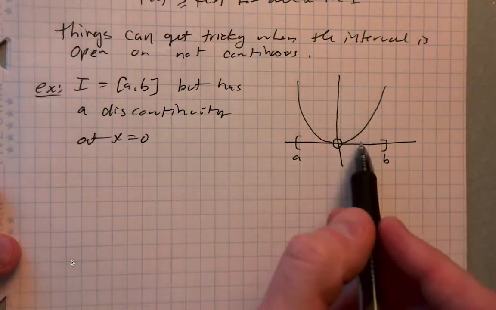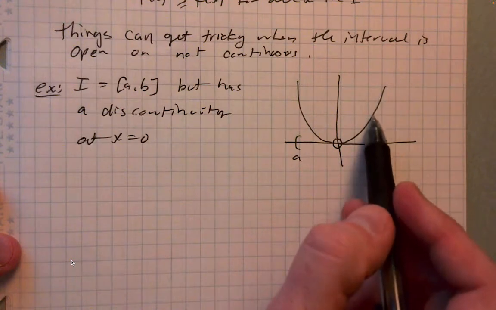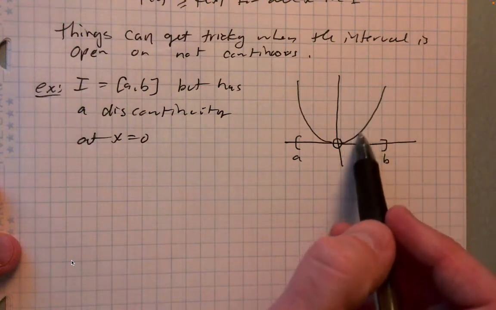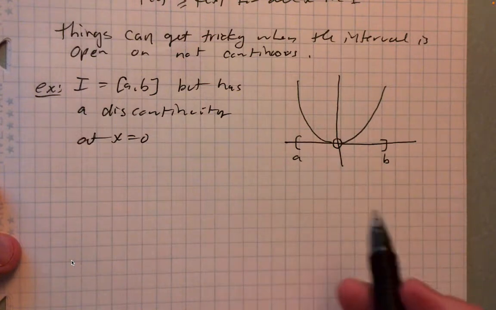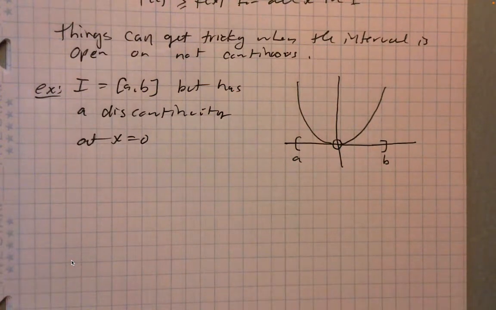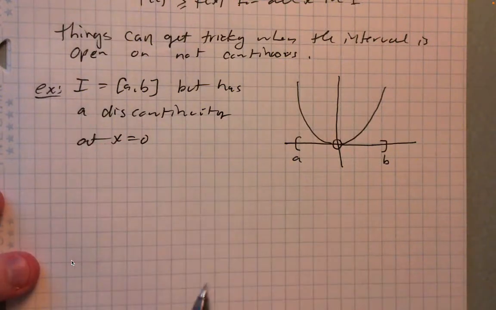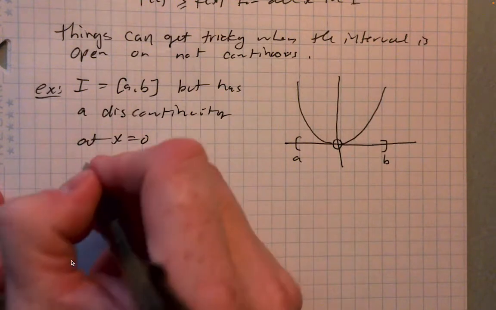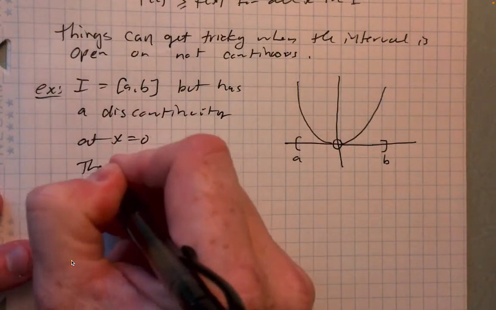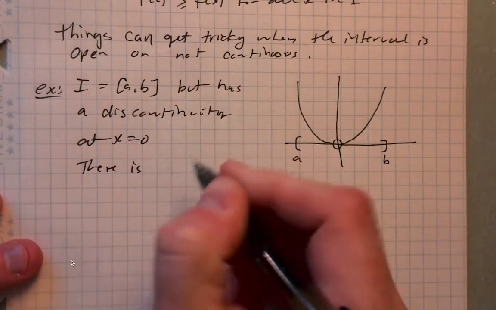So you've got a whole bunch of values that come down and get arbitrarily close to x equals 0, but x equals 0 itself is not included in the function. So in a case like this, even though it may seem unintuitive, there is no minimum.